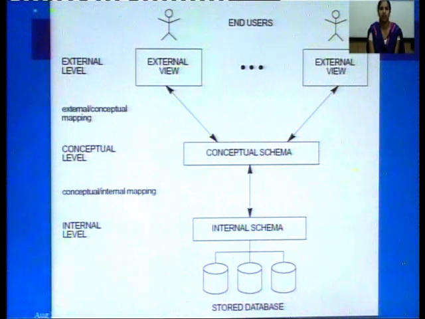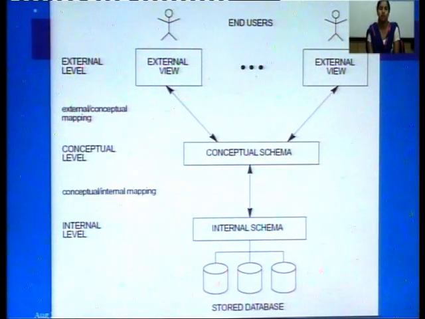This is the diagrammatic view of the three-tier architecture, in which the views are divided into three levels. The very first, as you can see, is the internal level, also called the physical level. This internal level, or internal schema, is connected with the database storage, meaning where your data is actually stored.